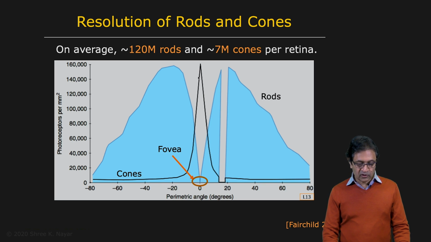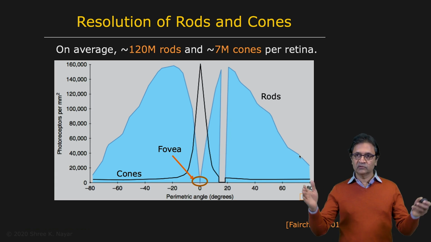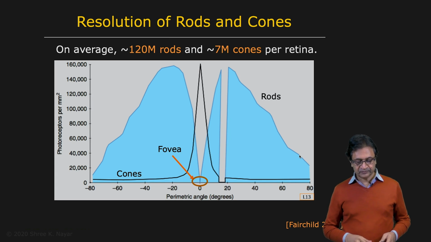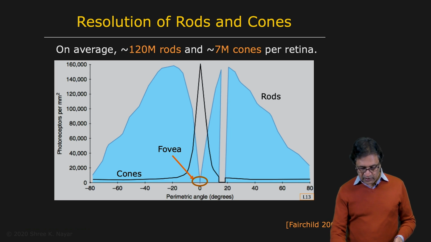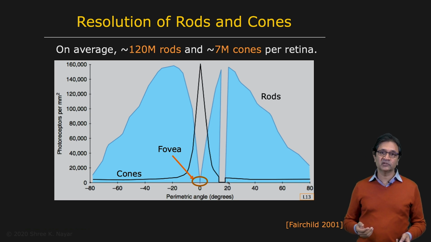And then when it comes to the rods, you have almost no rods in the center of the fovea, and then you have lots of rods, very high density, and then the resolution begins to fall off as you go to the periphery of the field of view. And right here, you see that you don't have any rods or cones. Any idea what that is? Well, that's the blind spot.